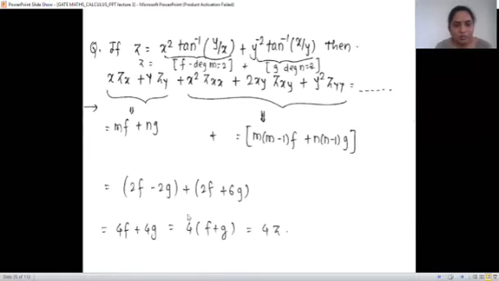So this is 4f plus 4g, that is 4 into (f plus g), but f plus g is nothing but z, since we called them f and g. The answer is 4z.